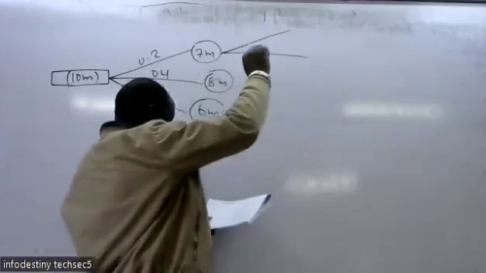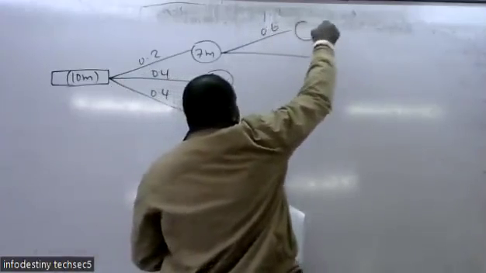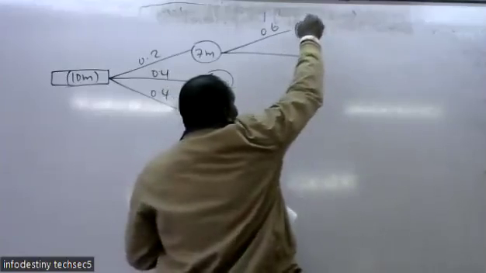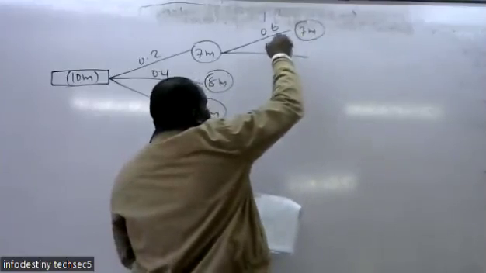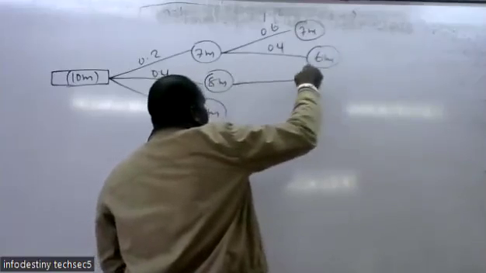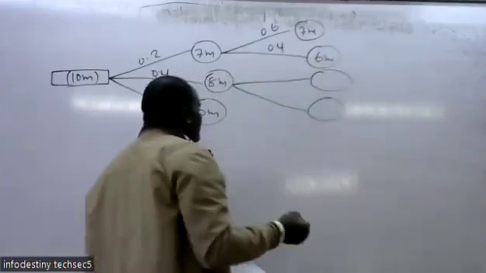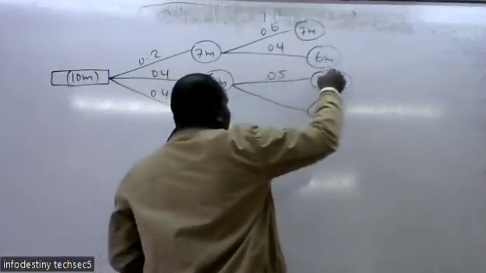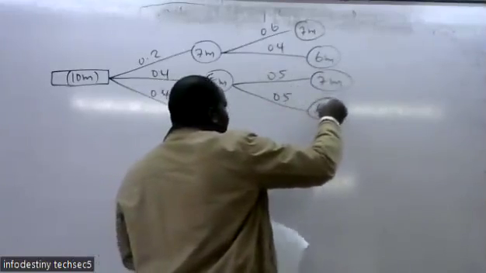Like this one, there is 0.6 of coming up with 7 millions, also 0.4 of coming up with 6 millions. Even this one has 2 possibilities: 0.5 of 7 millions, also 0.5 of 6 millions.